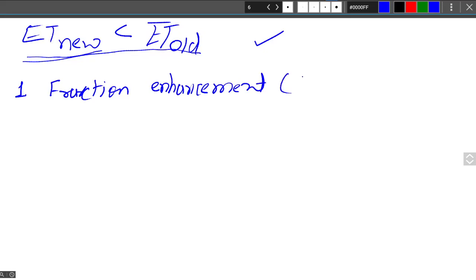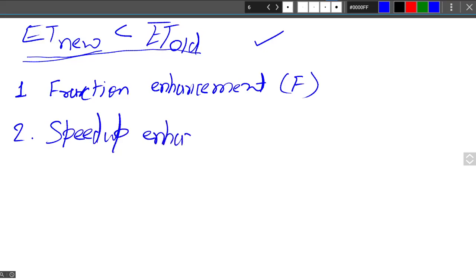Let me name it F. It states how much portion of the old system undergoes enhancement. And the second thing is the speedup enhanced, which states how much faster the task runs with this particular enhancement.